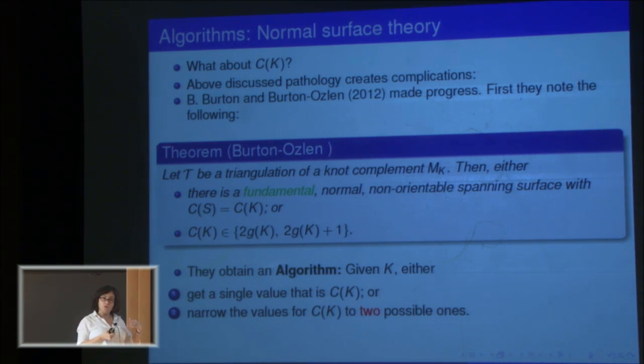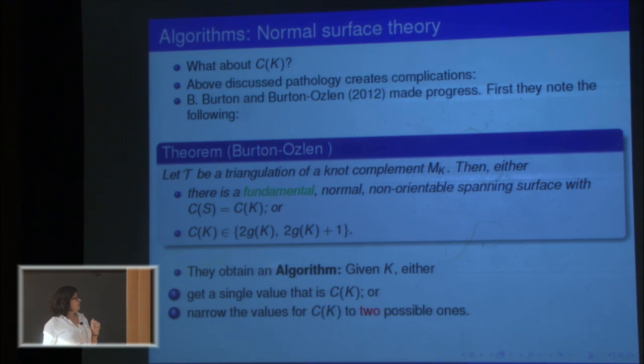So just trying to make it normal will say that either there is a normal surface that realizes C(K) for me, or C(K) is twice the genus plus 1, and you're building your non-orientable surfaces in the fake way where you stabilize the Seifert surfaces.